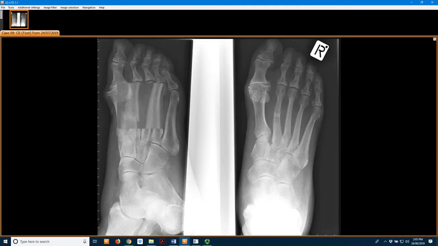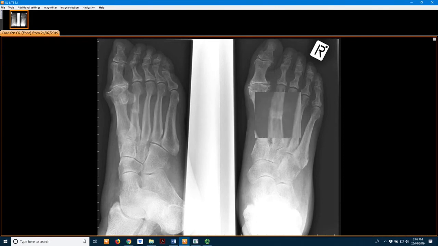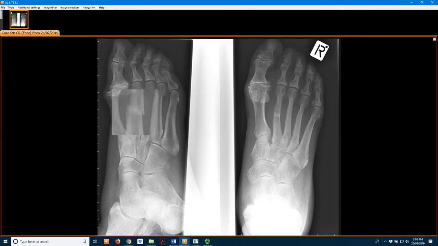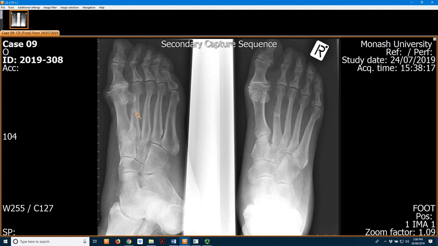However, if we look very carefully at the second metatarsal, we can see there is a fracture, but we can also see the sclerotic changes, so this callus formation, as this is a healing fracture. So this is a chronic fracture and not a new fracture.